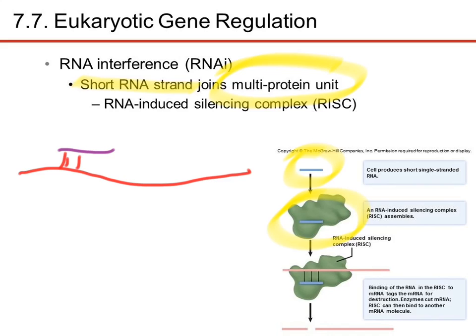And it'll begin to base pair, and when the complex is behind it, it signals that that messenger RNA, the red strand there, needs to be broken and degraded. And this enzyme complex will then come and it will clip the messenger RNA and break it into 2 pieces.